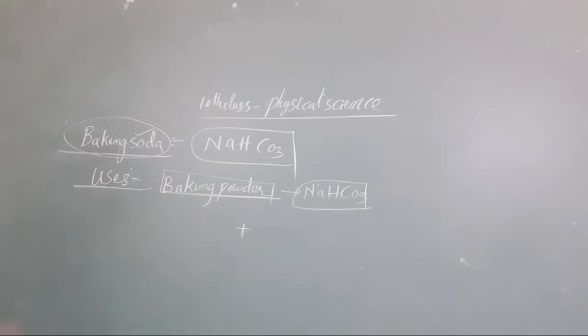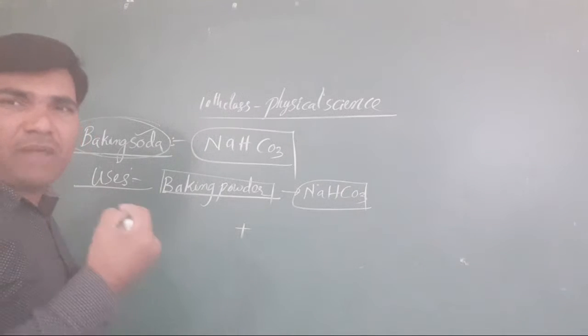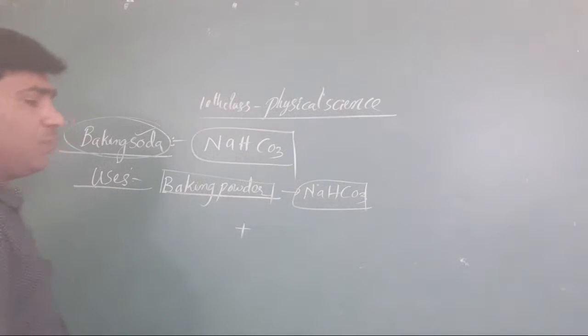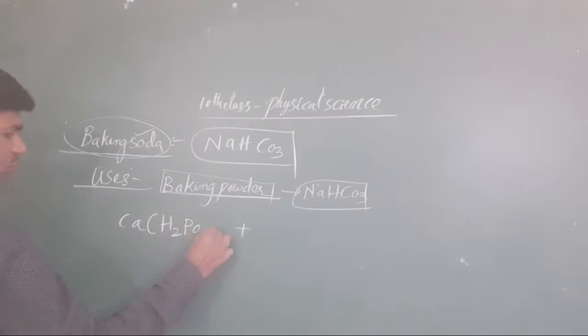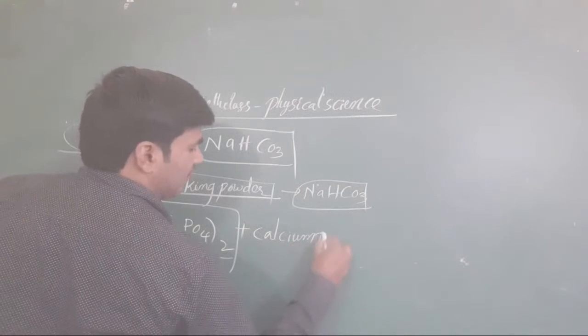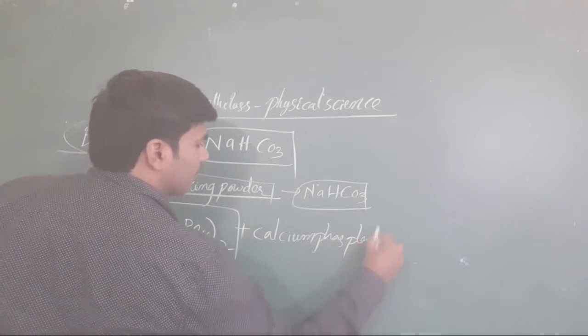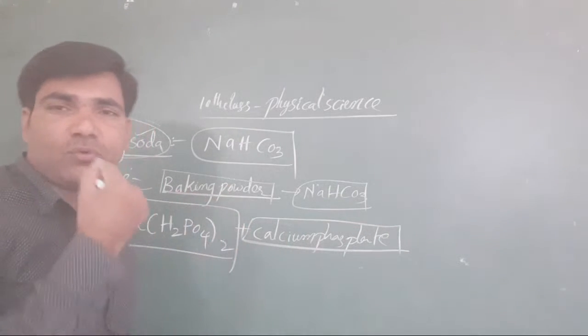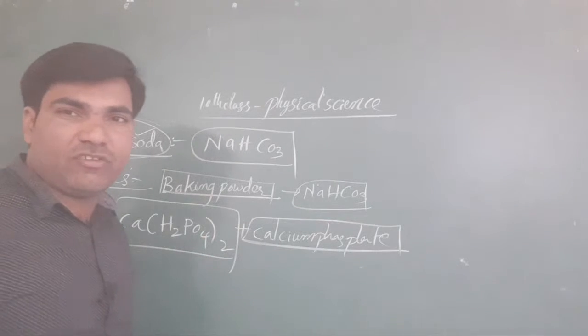That is calcium phosphate. What is the formula of calcium phosphate? Calcium phosphate is written as Ca(H2PO4)2. Enamel of the tooth is made by this calcium phosphate only.